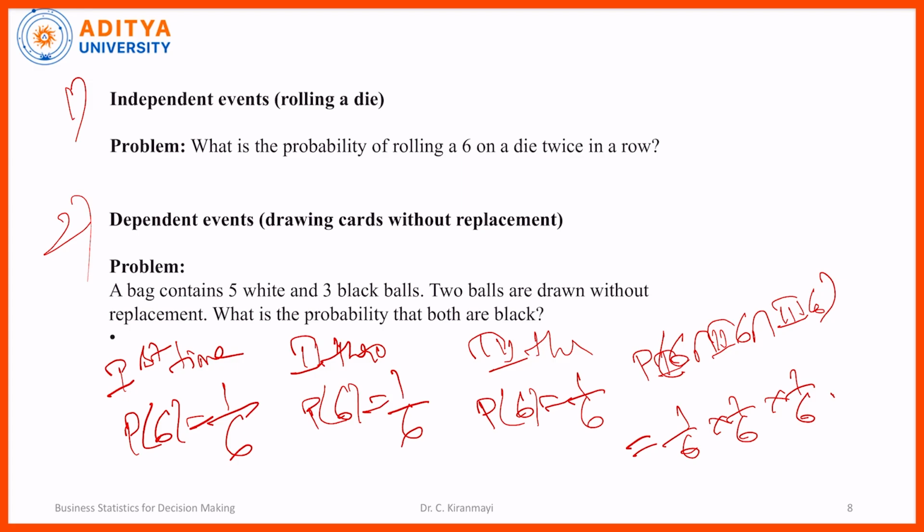Getting 6 in the second throw is independent of getting 6 in the first throw, and getting 6 in the third throw is independent of the first and second throws. So, to calculate the probability of getting 6 in all 3 throws, we simply multiply their individual probabilities. And in the case of dependent events, here we have an example.